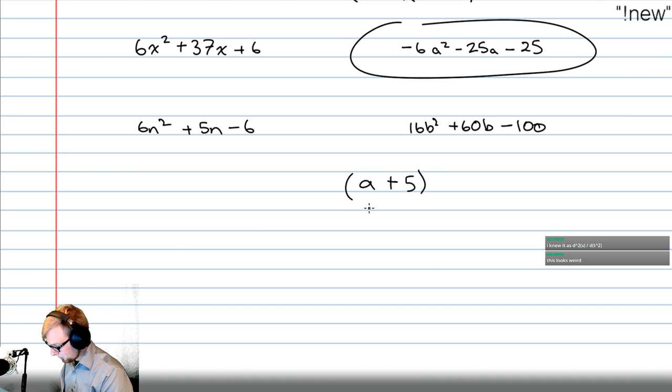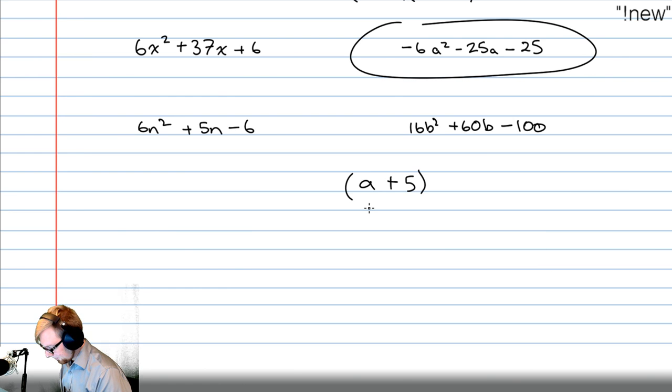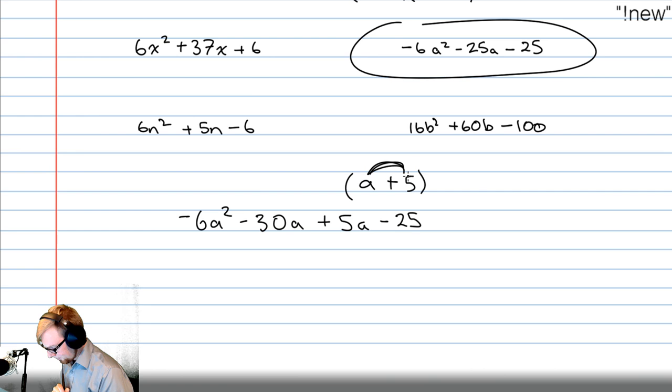Okay. Right. And on the second one, when I took that 5 out, because when you rewrite the statement, it's negative 6a squared minus 30 plus 5a minus 25.